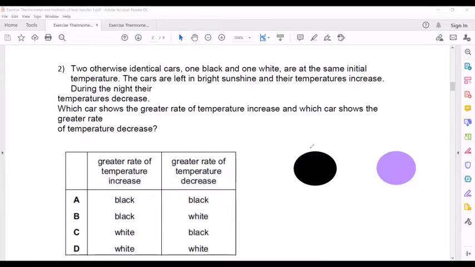And if initially both are at the same temperature, for example, temperature of a dark surface is 20, temperature of the lighter surface is also, or a white surface example is also 20. When they are exposed to the heat, dull and dark surfaces are good absorbers. So as it will absorb energy more, its temperature will rise more.